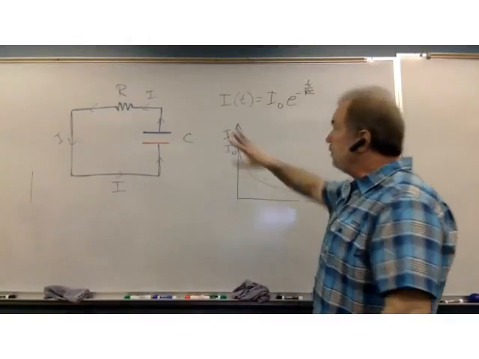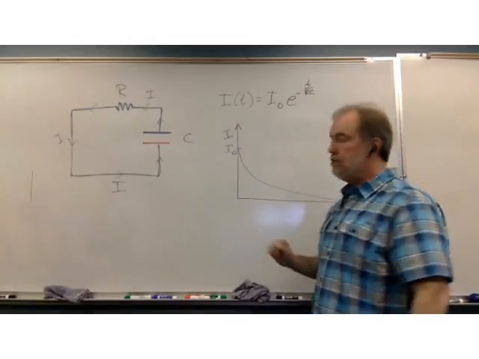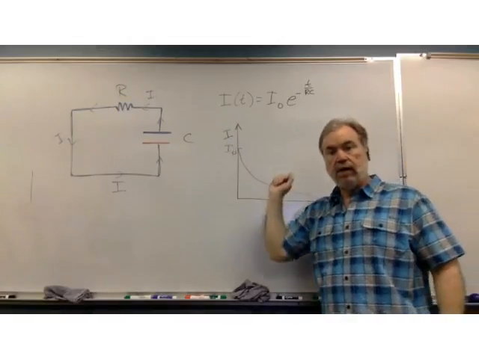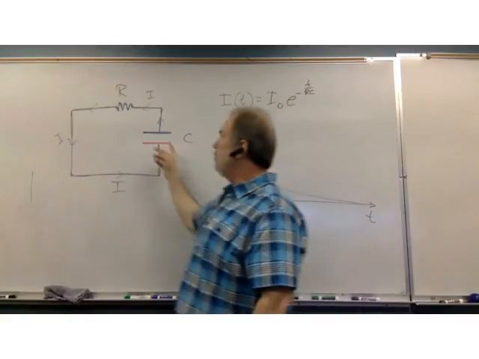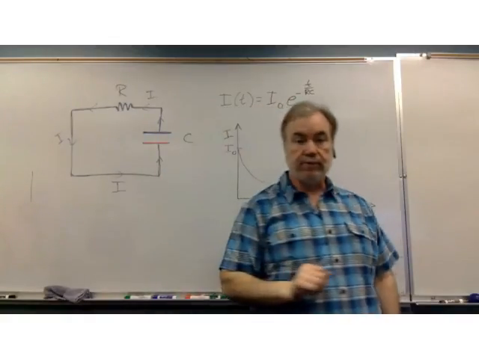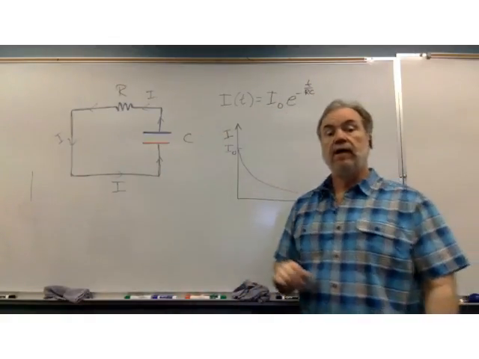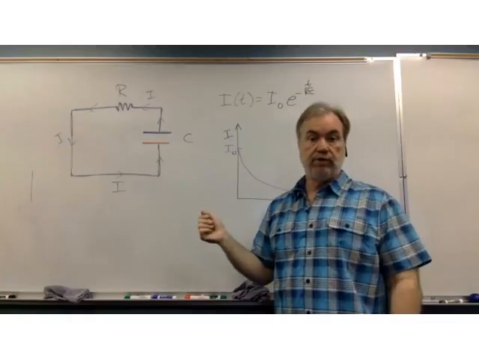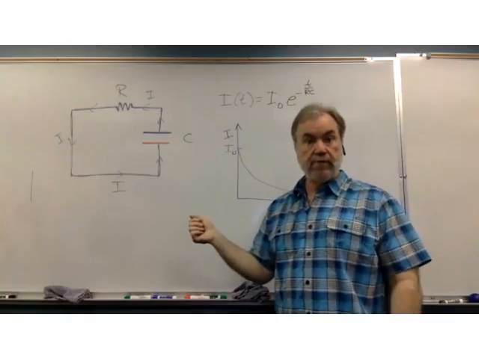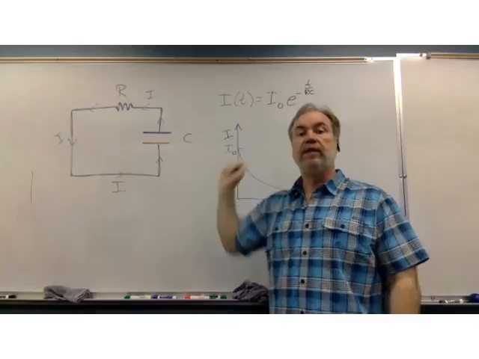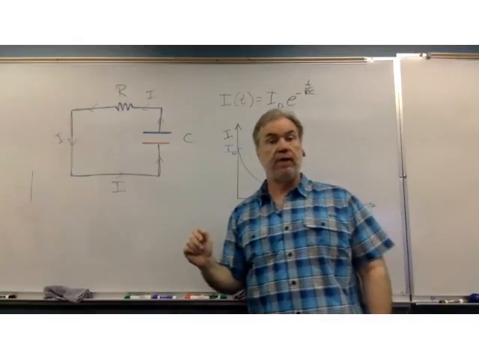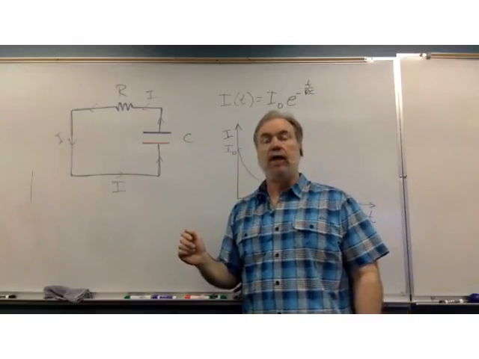What I had been talking about was the current that flows as the capacitor discharges. Remember what we did was we originally charged the capacitor, and then once it was fully charged, we removed the battery from the circuit and attached the now fully energized capacitor to only the light bulb.